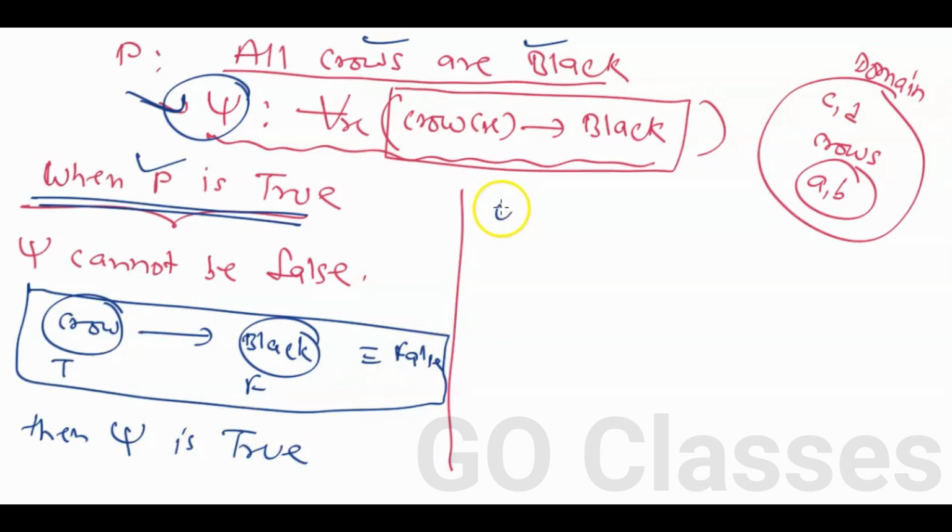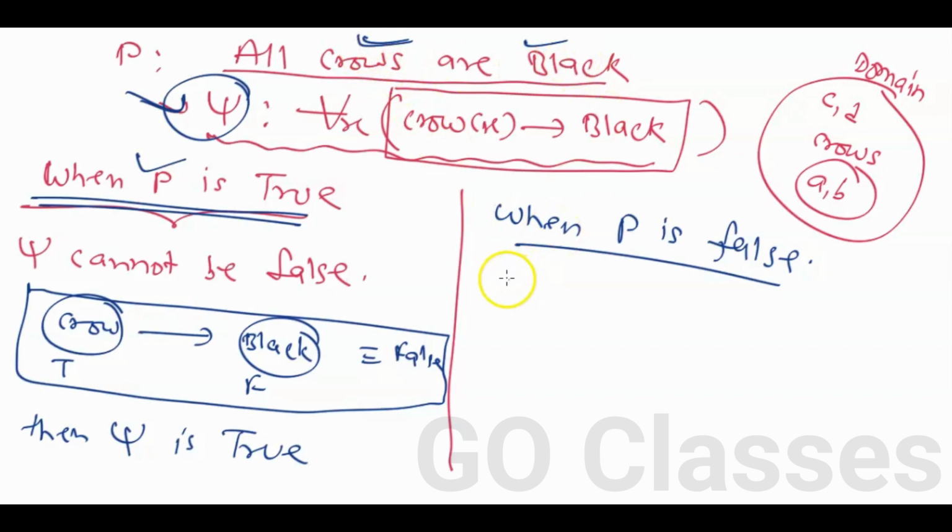Now let me prove that when P is false, then phi will be false. Let's assume P is false. P means all crows are black, so if this is false, it means there is some crow which is not black.